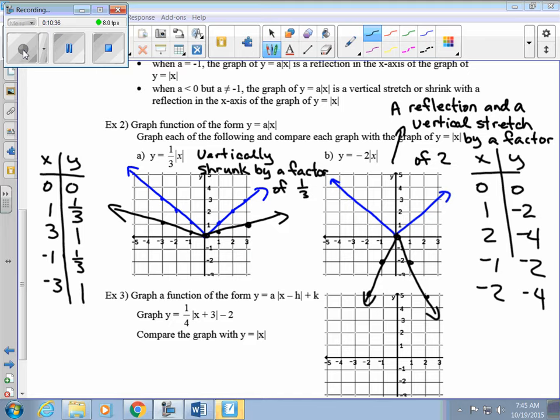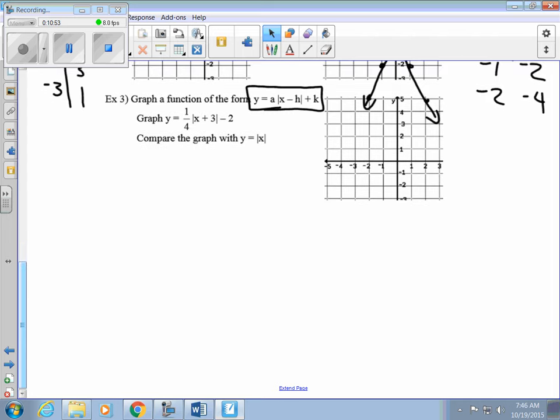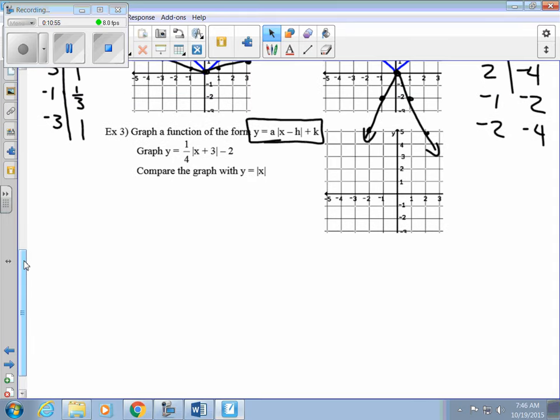Now if we look at example 3, this equation is the equation that I would put on your note card. You're going to want to use that. y equals A times the absolute value of x minus h, plus k. And again, you can go through and make a table of values for all of these. But what I would recommend doing is using the vertex.